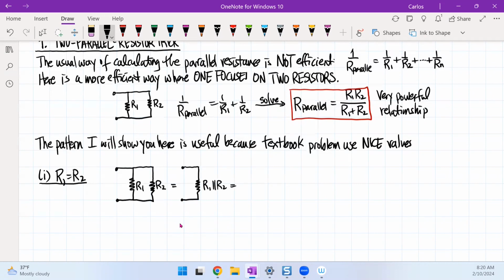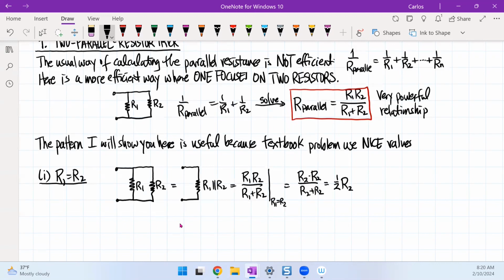Now, if I look at R1 parallel to R2, note that we've already calculated this mathematically above. So this becomes R1 times R2 over R1 plus R2. But wait a minute. We know that R1 and R2 are the same. So I'm going to replace R1 with R2. If I do that, I automatically get R2 times R2 divided by R2 plus R2, and you can see that it becomes 1/2 the value of R2.